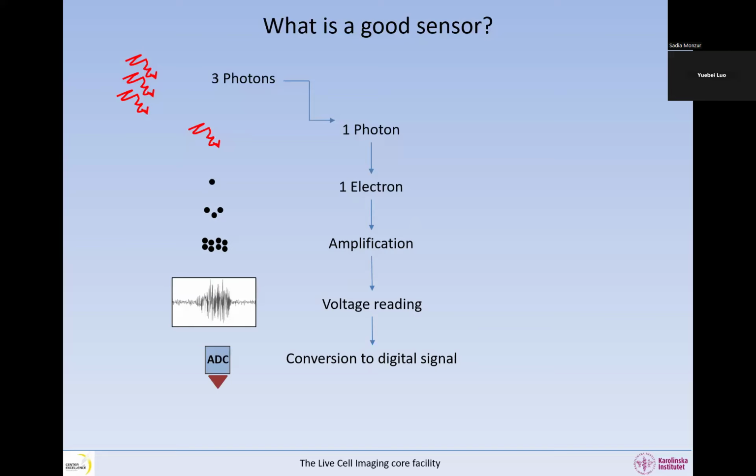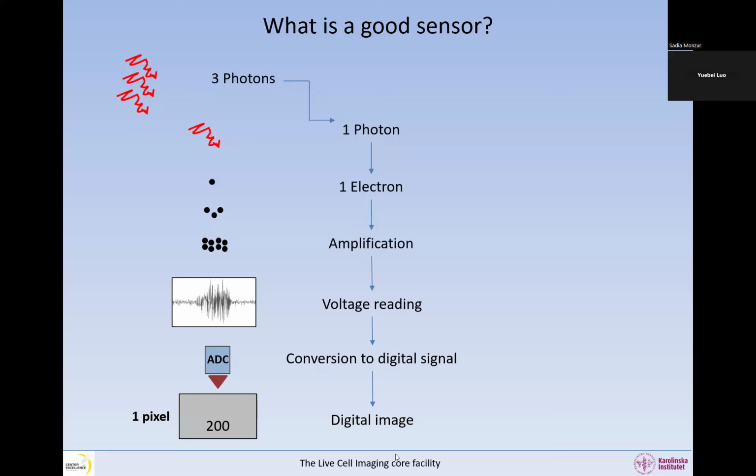So we can have a voltage that is 3.95. But in our image, we do not have 3.95. We only have discrete numbers, and they are integers. And so we're going to convert this analog signal into a digital signal with a discrete number of integers. And this is done by a little machine called the analog to digital converter.